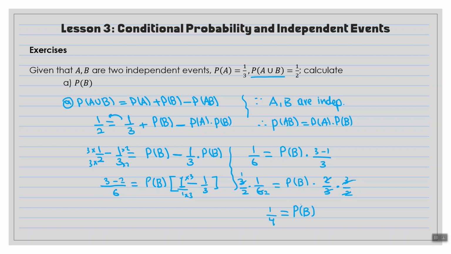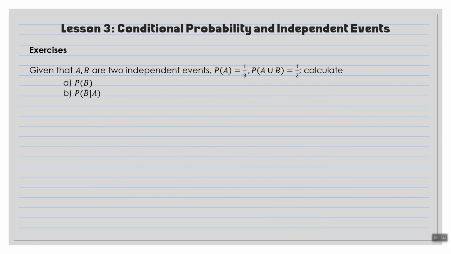So this is the probability of B, and hooray. It's a little bit of hard work, but it's equations. You just substitute the numbers and try to solve the equation to find the probability of B. Think of the probability of B as x, so find the value of x.